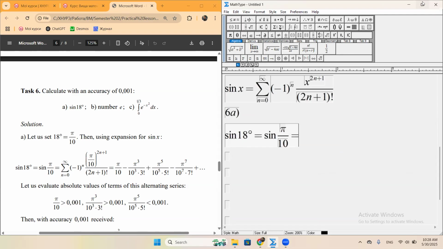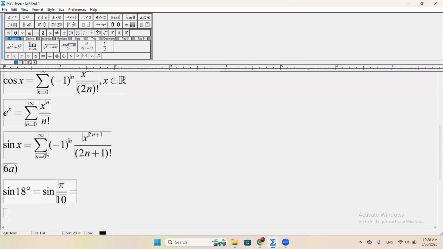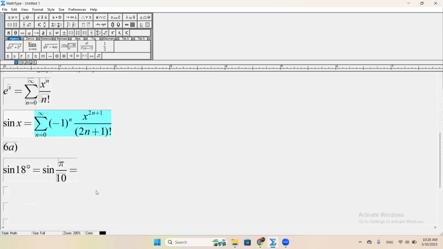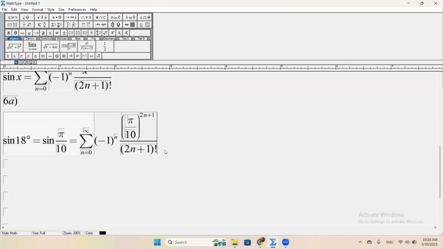So we will use this standard expansion of sine of x. So I will substitute pi over 10 into this formula, and now let's write down a few terms.